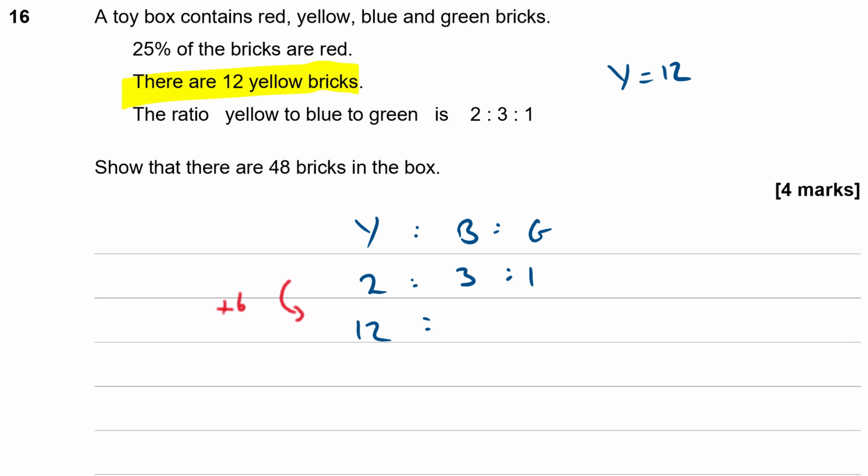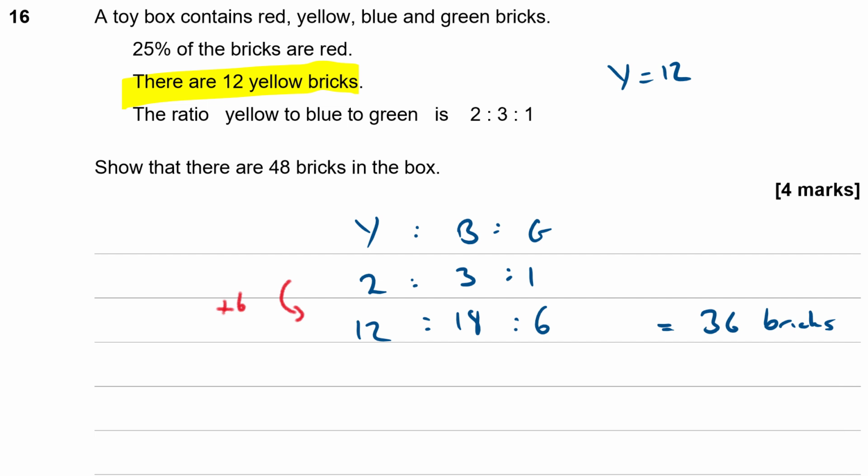So 3 times 6 is 18, so there are 18 blue ones. And 1 times 6 is 6, so there are 6 green ones. So how many bricks is that altogether? 12 plus 18 is 30, plus 6 is 36 bricks, which are either yellow, blue or green.